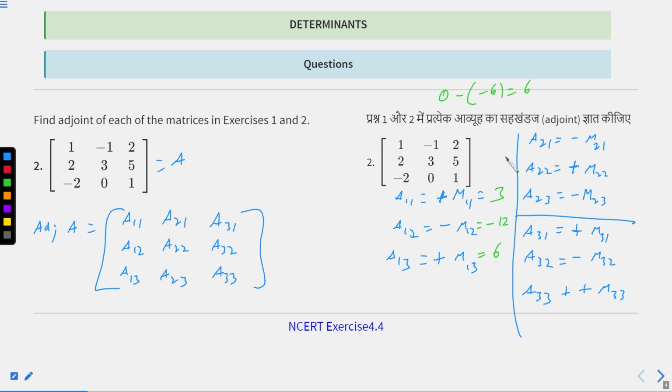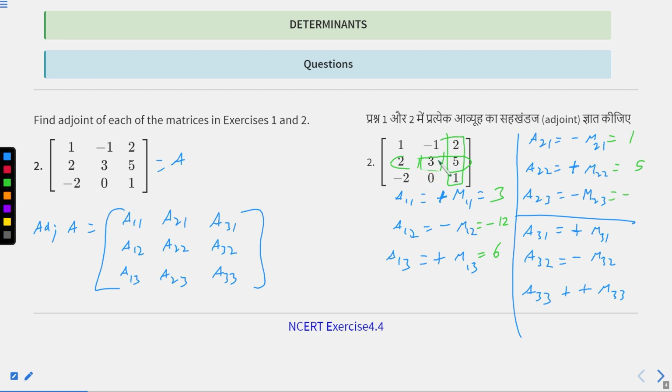Now what about M21? This will be: eliminate the second row and first column. Minus 1, minus of 0, you will have minus 1, and with the minus sign this will give you just 1. M22: eliminate the second row and second column. So 1 minus minus 4 will give you 1 plus 4, which means 5. Now M23 means eliminate the second row and third column.